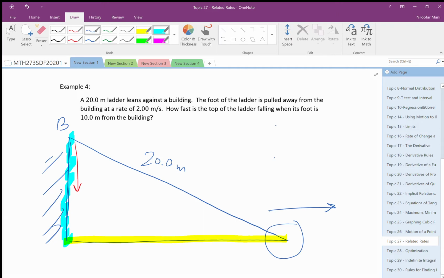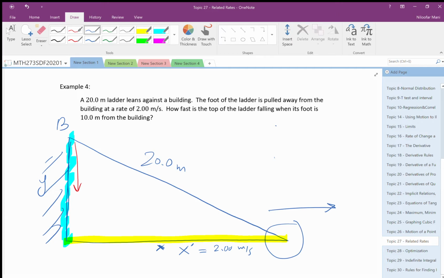The ladder doesn't change, the building doesn't change, but this part, if this is x, is changing and increasing. If this is y, it is also changing. The rate of change for x, x prime, is 2 meters per second. That's the speed of this increase.